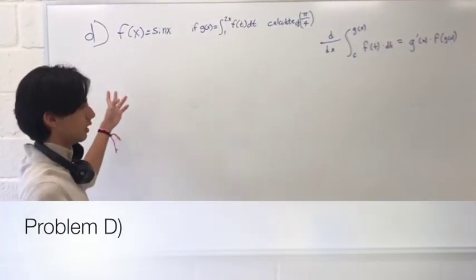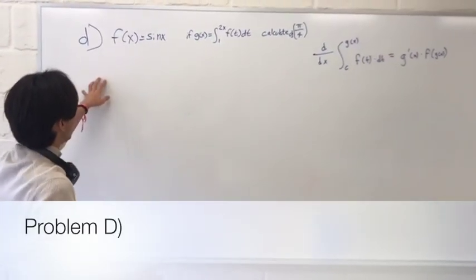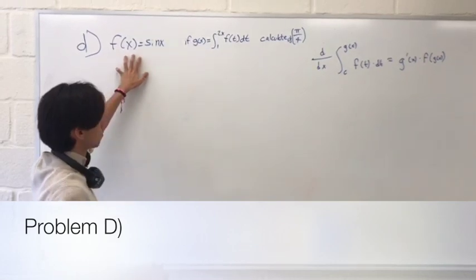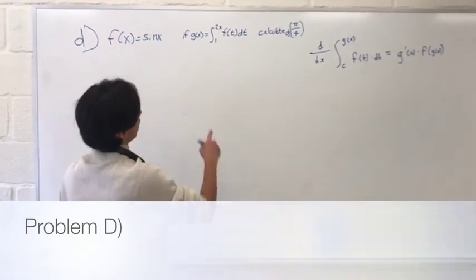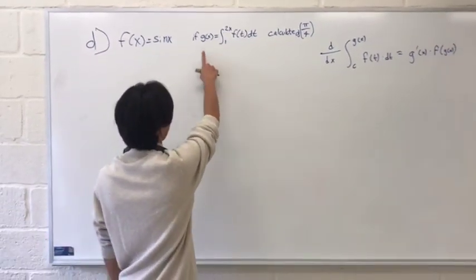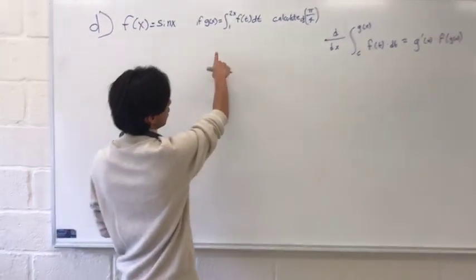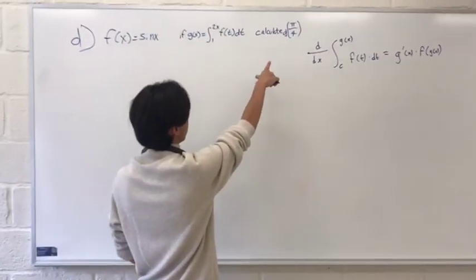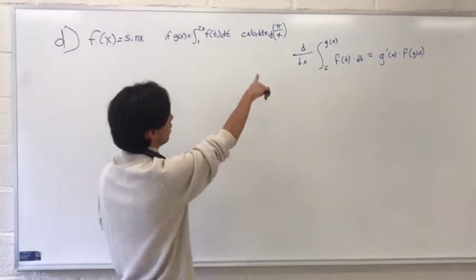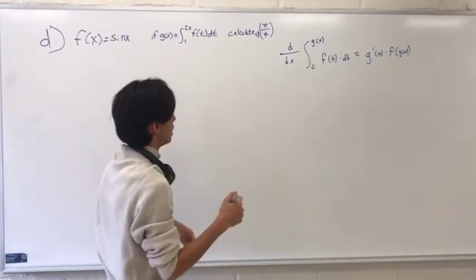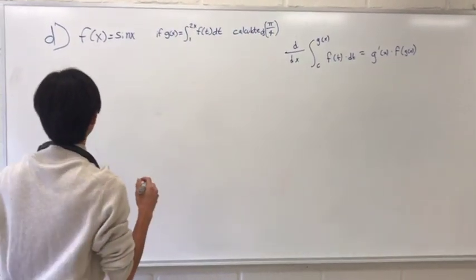Okay, now I'm going to explain exercise D, in which you have the same formula, and then it asks you to calculate the g of x with the g prime derivative at pi over 4.